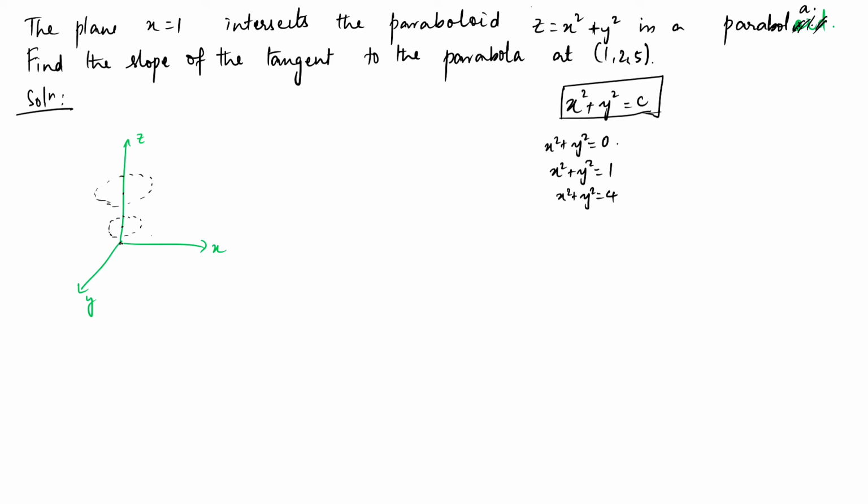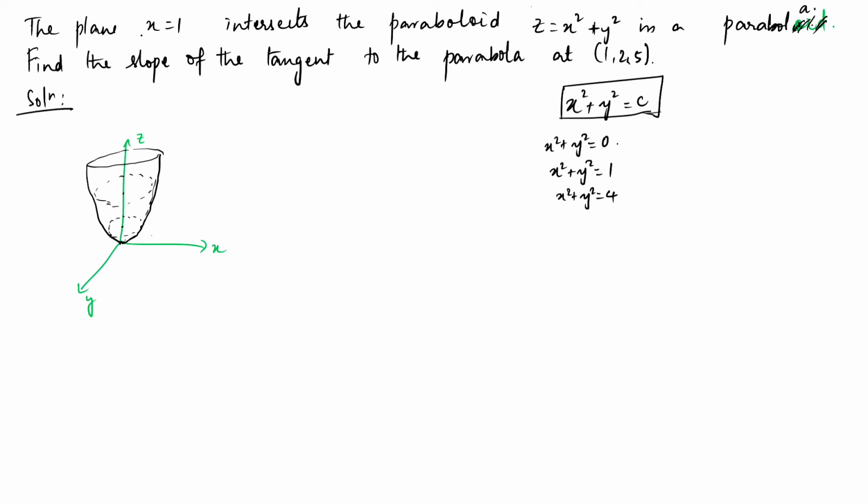So like this, when you move, you can very well see you are going to have a paraboloid. This is how we can identify that we are having a paraboloid. Something of this sort.